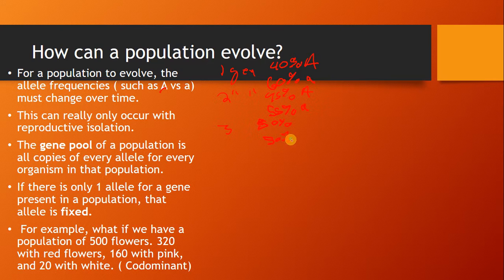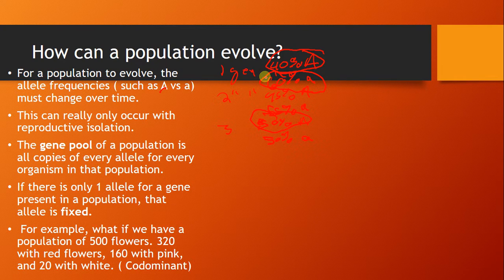If you look at this, the frequencies are changing. This dominant allele is becoming much more common, prevalent, and the recessive allele is becoming much less prevalent.